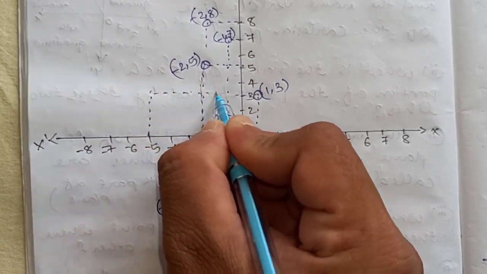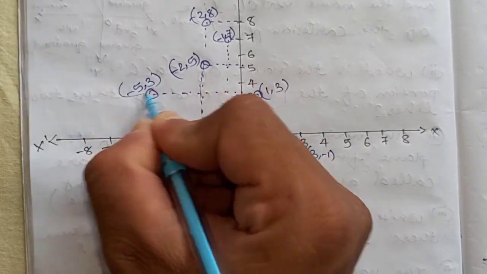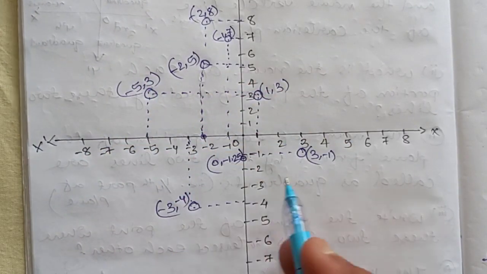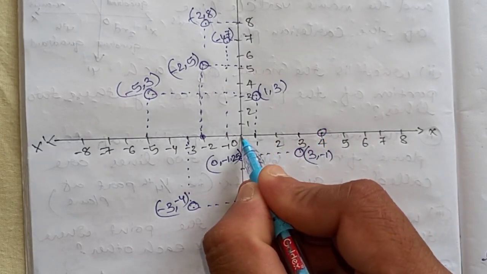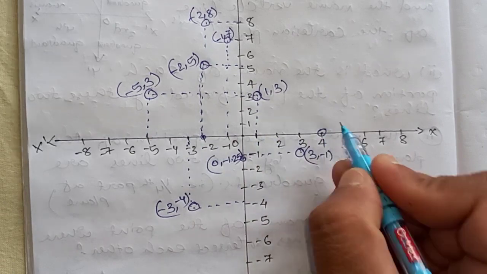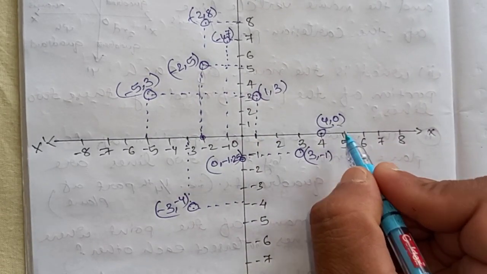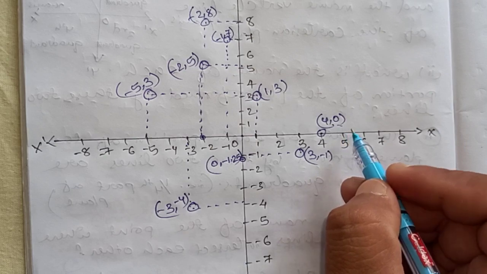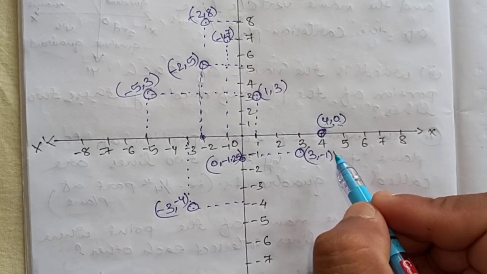This point is (-5, 3). Okay, and the last one is (4, 0). 4 is here and 0 is here for the ordinate, so it will lie on the x-axis because the y-coordinate is 0. As the ordinate is 0, (4, 0) will lie on the x-axis.